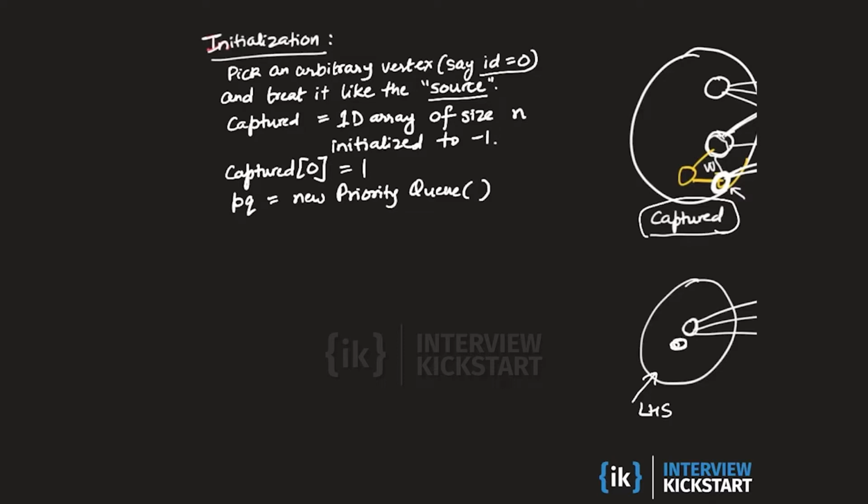So if this is the vertex with ID 0, we're going to look at all the outgoing neighbors of that vertex 0, and we're going to add those neighbors to the priority queue with a priority value equal to the weight of the edges going to them.